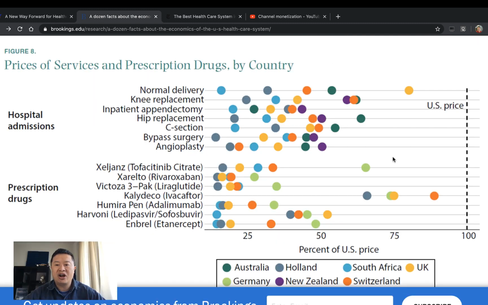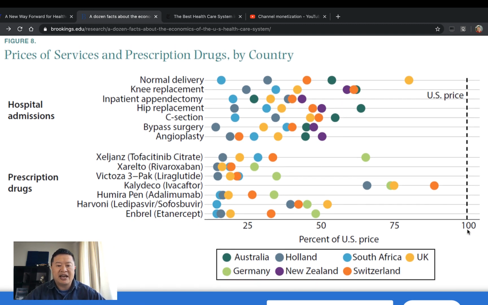Here's what the cost is of the same procedure in different countries. So the US price is this dotted line, and basically every other country on this graph is a fraction of what the US prices cost. So if you're in the UK and you need a knee replacement, it's pretty much going to cost you less than half of what the American offering would cost.